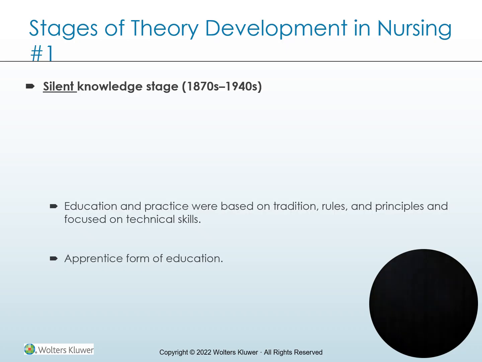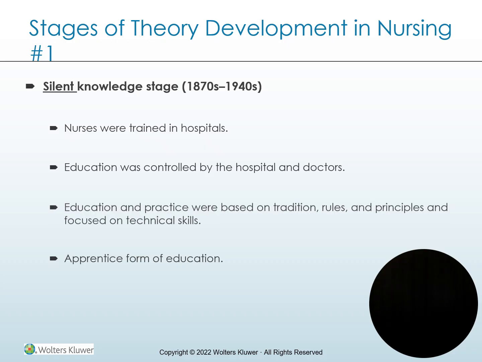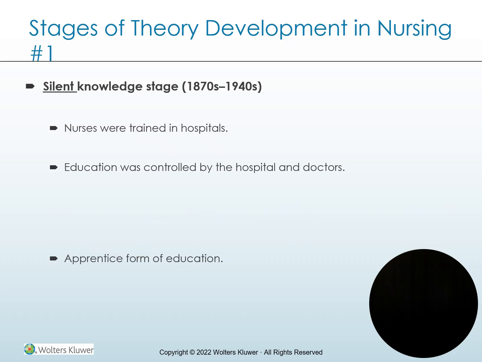This focused on technical skills, an apprentice form of education. Think about the Florence Nightingale type era, okay? It was less concrete and less defined at that time. This is where the nurses trained in hospitals, and education was controlled by the hospitals and the doctors.